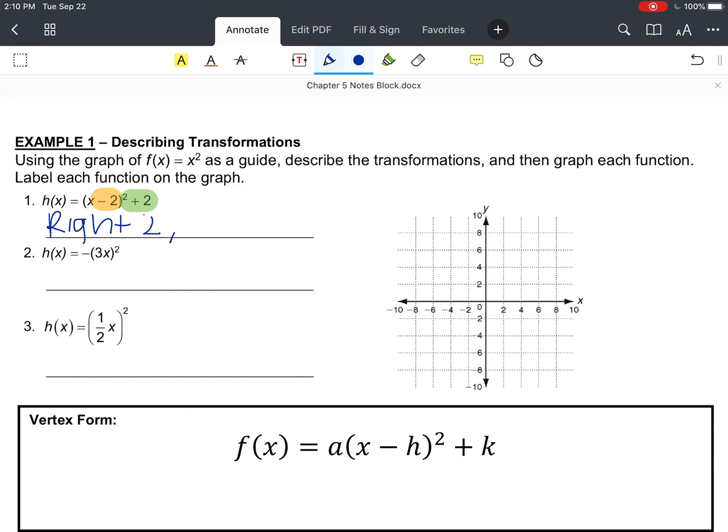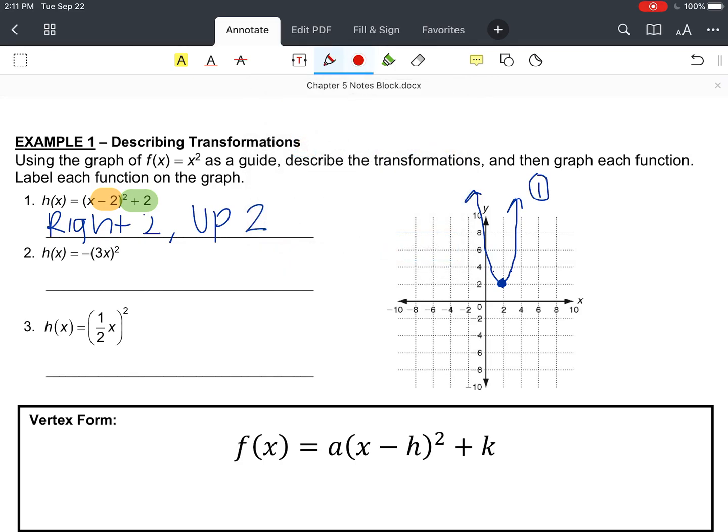And then my green +2 means I went up 2. It's not in parentheses. So instead of starting at 0, 0, I'm now going right 2, up 2. So I'm going to start at this point. And then from there, it's going to be my parabola, my quadratic. So this is number 1 in blue.